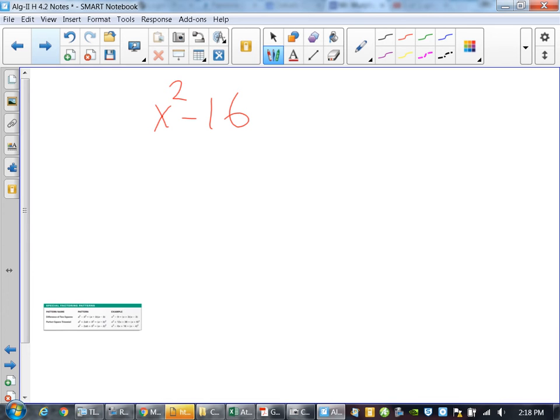Question number 1. Is x squared a perfect square? Yes. Question number 2. Is 16 a perfect square? Yes. Question number 3. Is that a subtraction symbol? Yeah. Okay, if you answered yes to all 3 of those, what are your 2 terms? 4, negative 4. x minus 4, x plus 4.